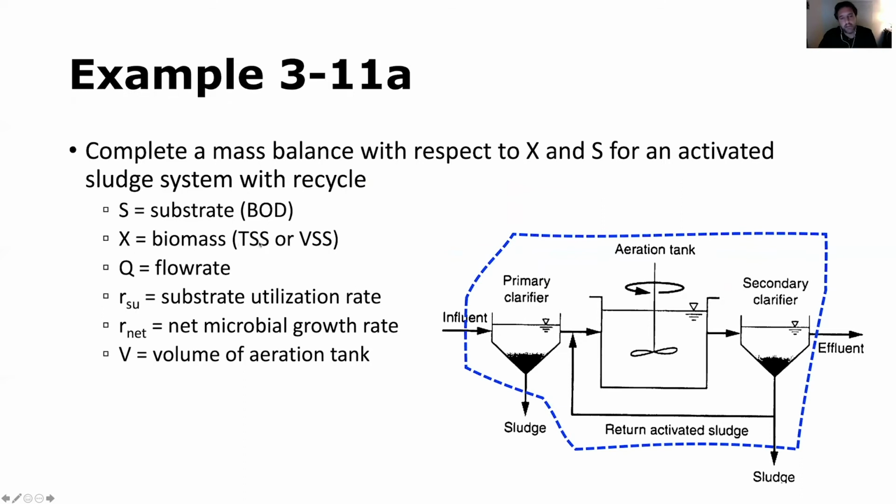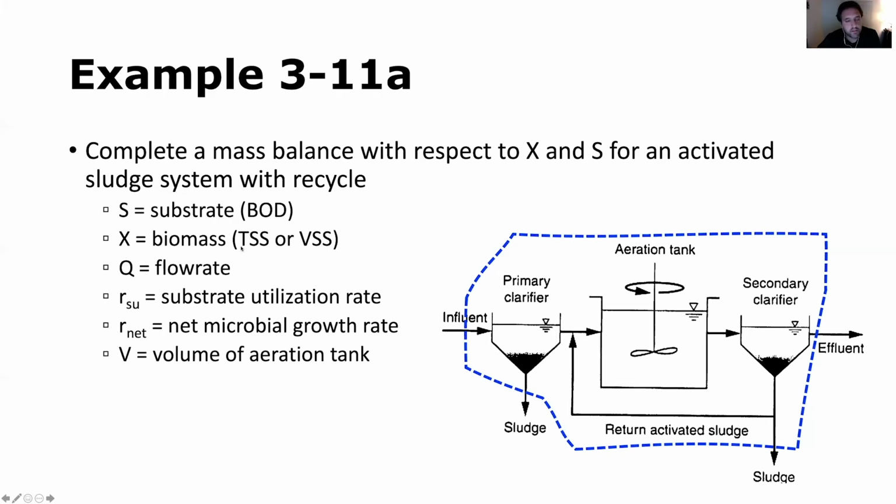X is the biomass, and like I said, we usually use VSS. In some cases, people use TSS, but it's usually a little bit better to use VSS. For substrate, also sometimes we use COD. So these are approximate modeling approaches, and you'll see in different textbooks some cases where BOD is used, some cases where biodegradable COD is used.